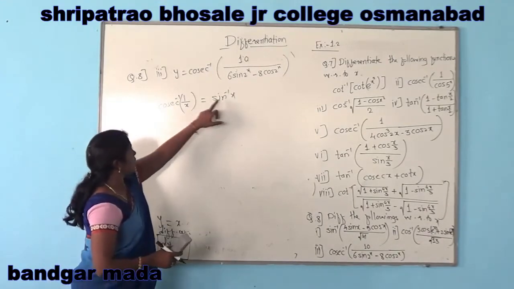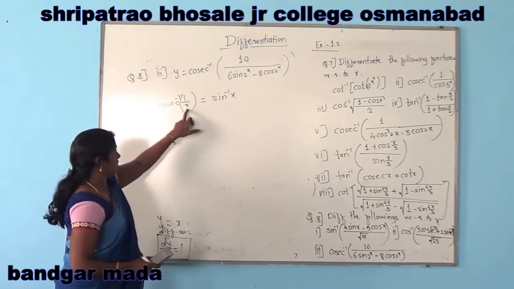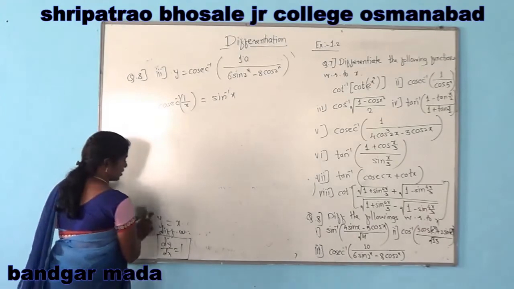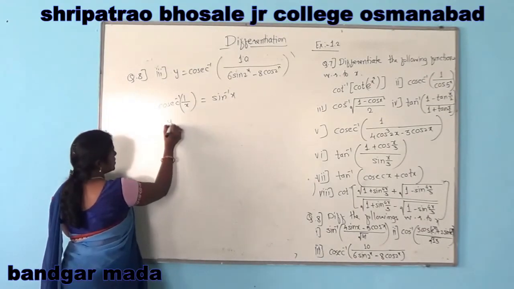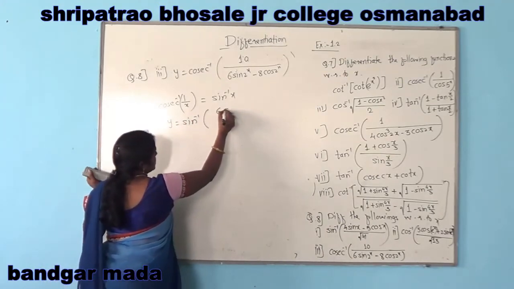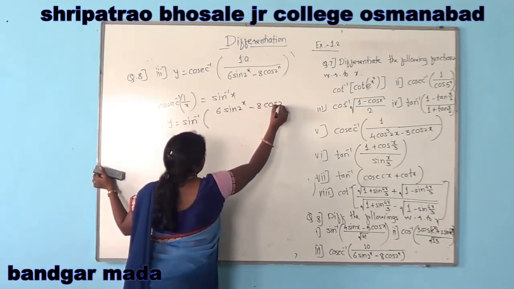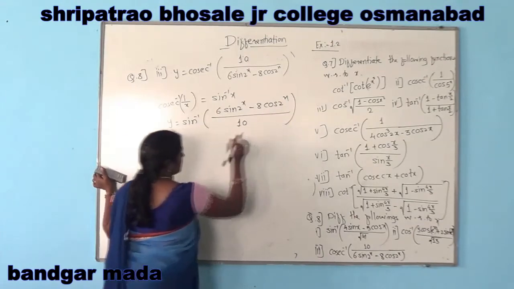We can take the reciprocal of cosec and take the reciprocal of the angle; if there is 1 by x, we can take x here. So using the inverse form of cosec, it is sin inverse. So y is equal to sin inverse of 6 sin 2 raised to x minus 8 cos 2 raised to x, upon 10.